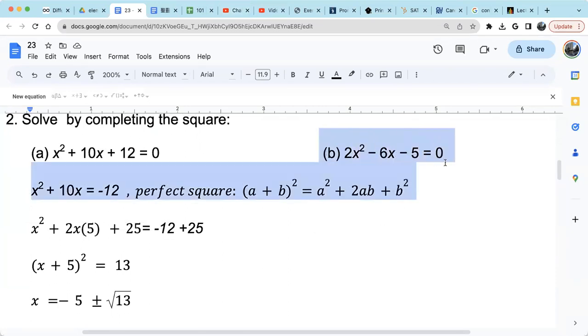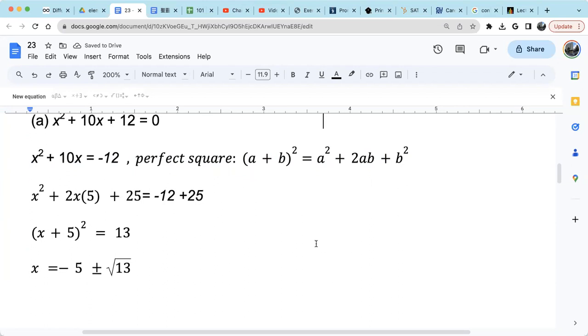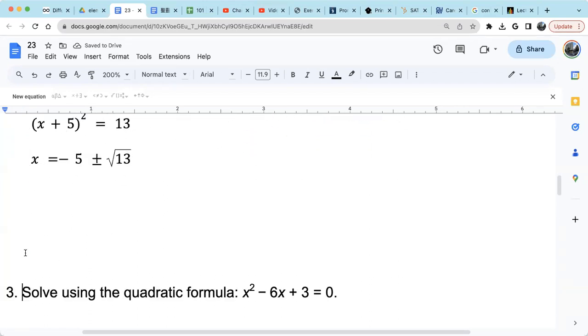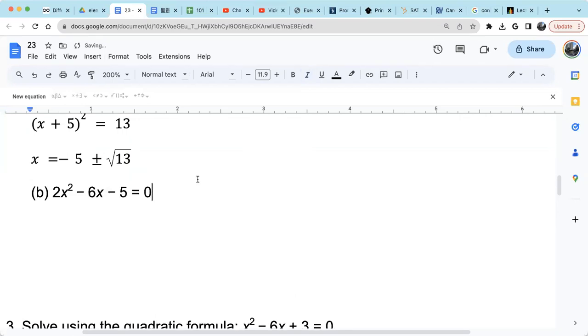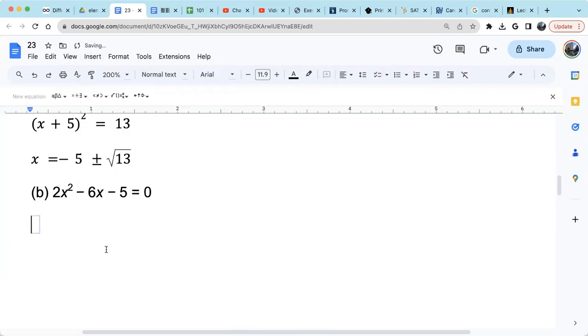Let me move to B. B is very similar. The only difference is there's a 2 in front of x squared.